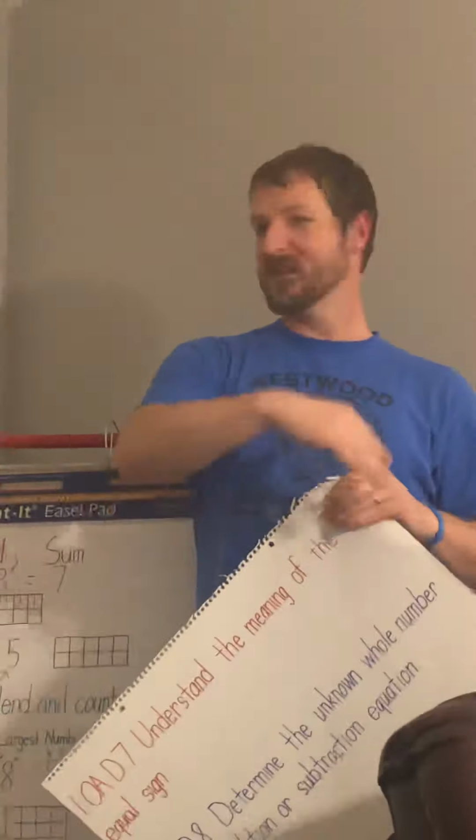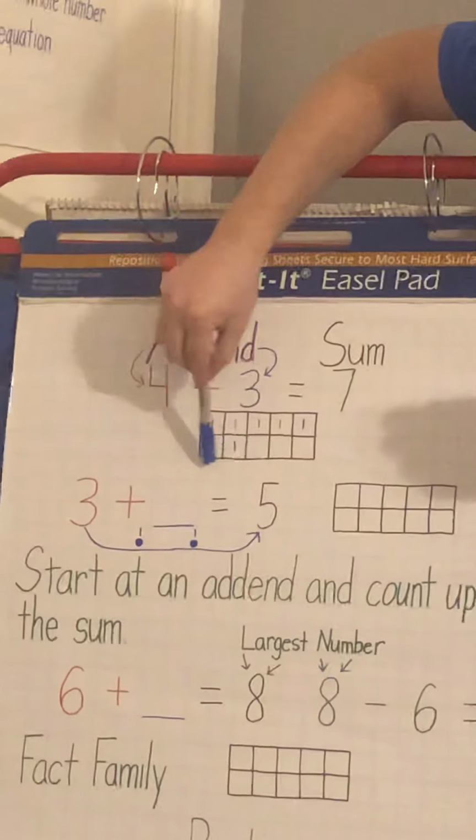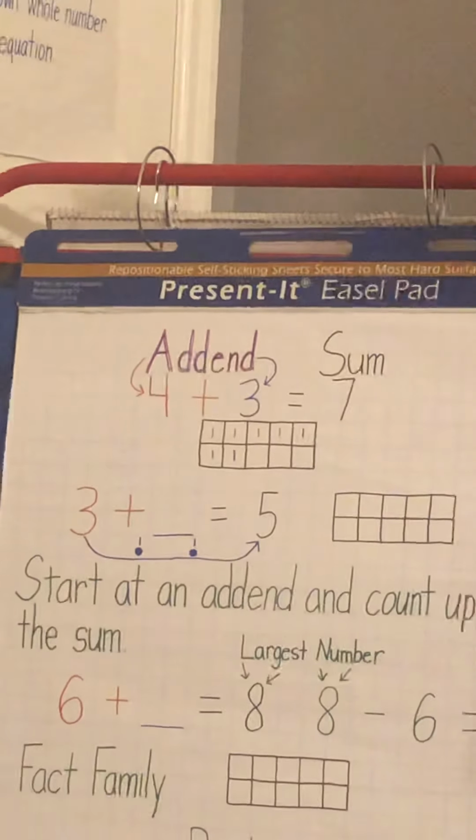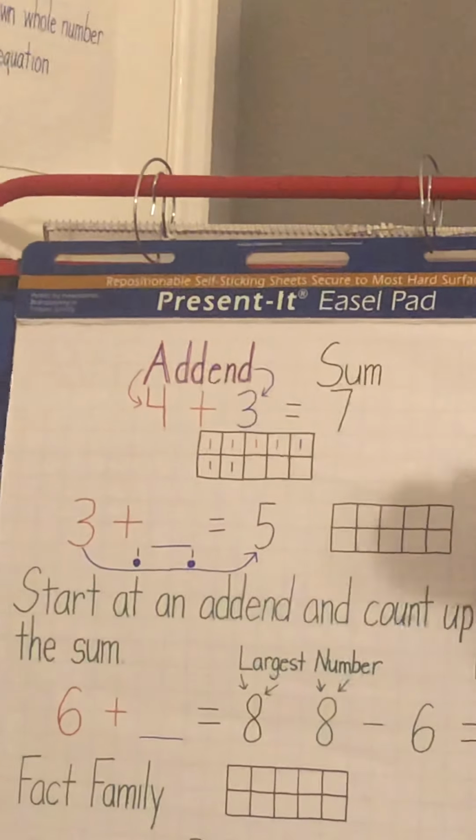When we talk about place value, we know that 1s and 10s are how we make numbers, and we want to represent our 4 with 4 ones. So 1, 2, 3, 4, and then the other addend, which was blue, 3: 1, 1, 1. The 10 frame is in black because when we put all of those addends together, that's going to give us our sum.